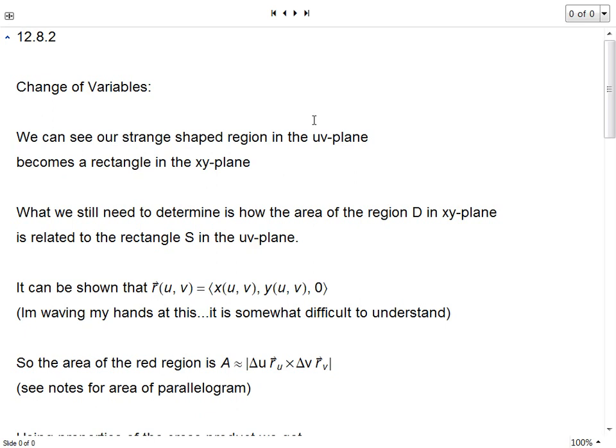Now, it can be shown that R of UV equals X of UV, Y of UV. So R of UV should be like a surface, shouldn't it? Do you agree? Or no, not a surface. This is a vector function. It's a curve.